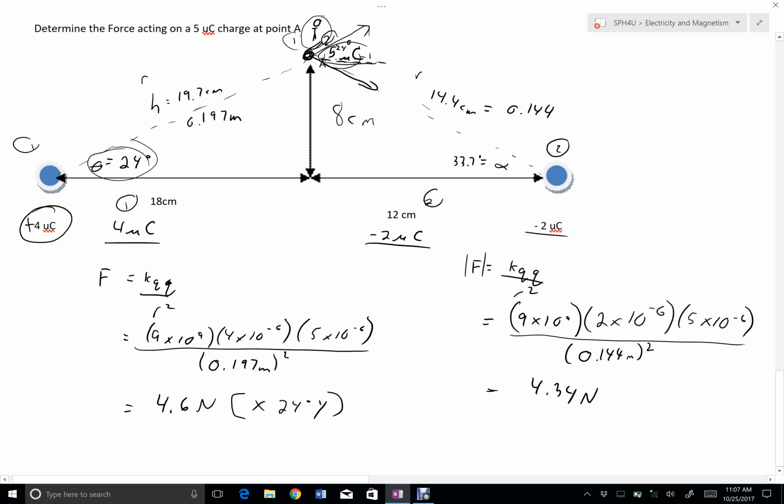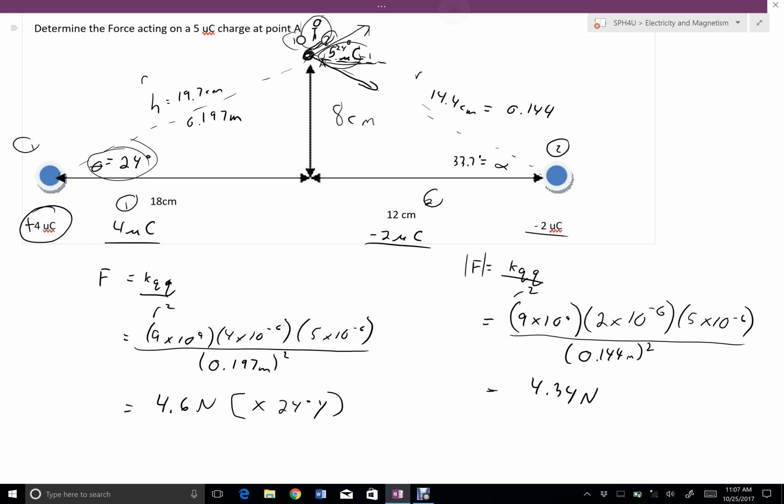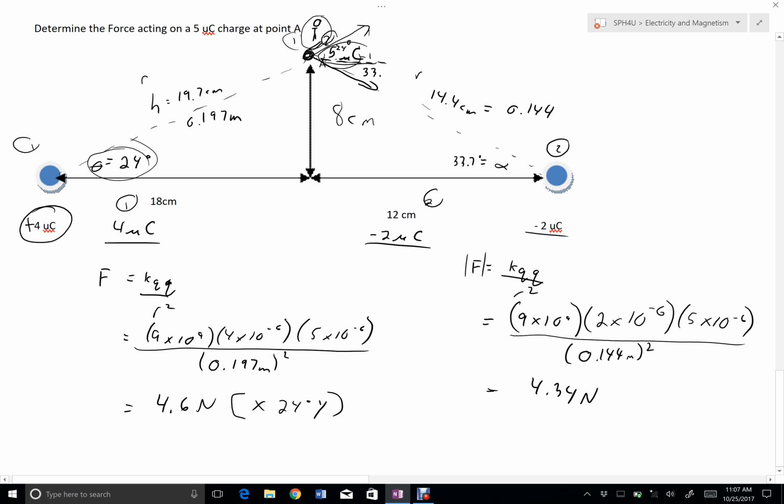If I'm looking for this angle and I imagine the Z pattern, then this is going to be 33.7 degrees as well. Or I could call that x, 33.7 degrees negative y. So now I've got the force, with both its magnitude and direction produced by those two charges, now I have to find the sum of those two forces, or the total force that's acting on this object.